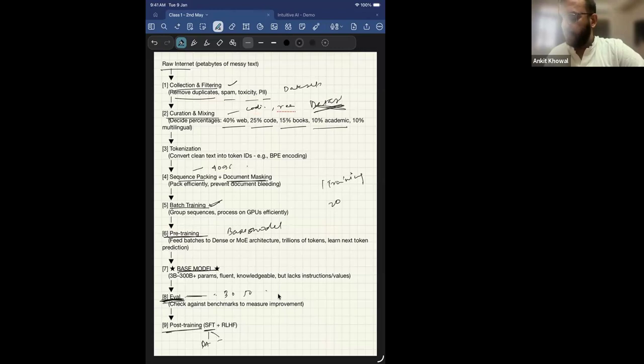I will teach it tool calling, that, hey, you can also get access to tools like search and calculator to answer those kinds of questions. And then I will do reinforcement learning with human feedback. I will involve humans also, so that I can fine tune the model on how humans perceive the right answer or wrong answer. And this is how the whole model will be ready from an SDLC perspective.